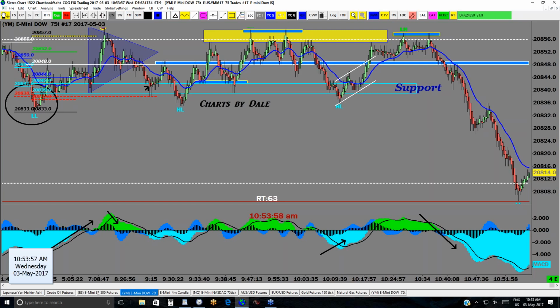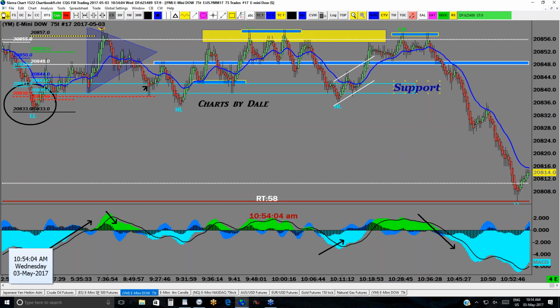So when it's over, it's over. But the market taking out the support and running quite a bit to the downside, that's approximately $200 and almost $250. So anyways, that's it for your YM long position.